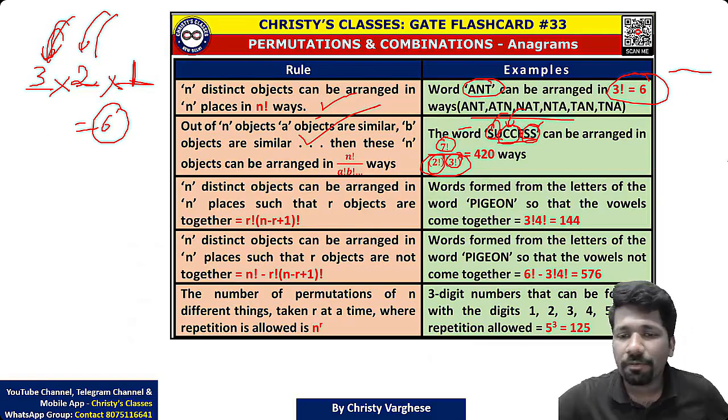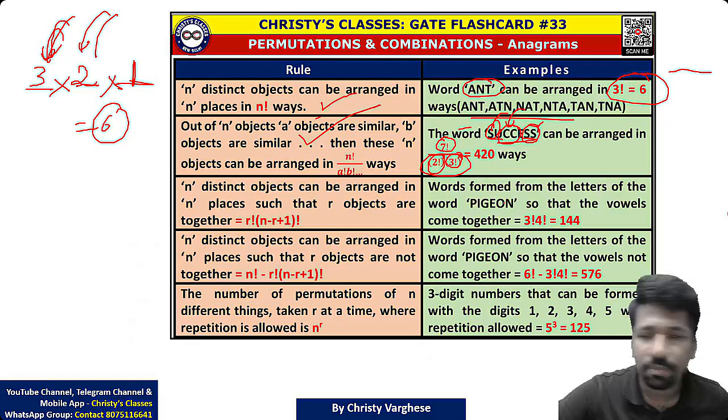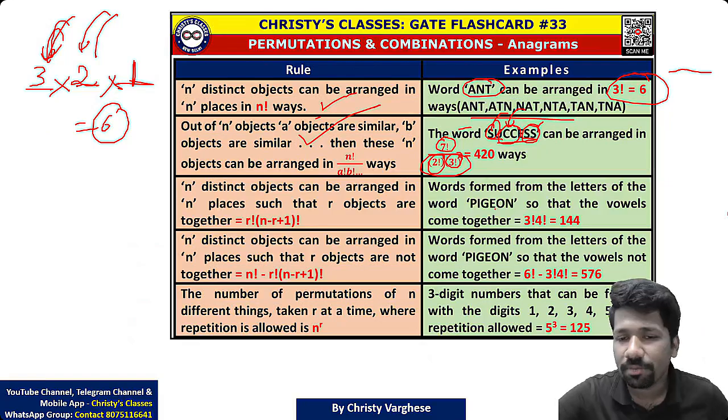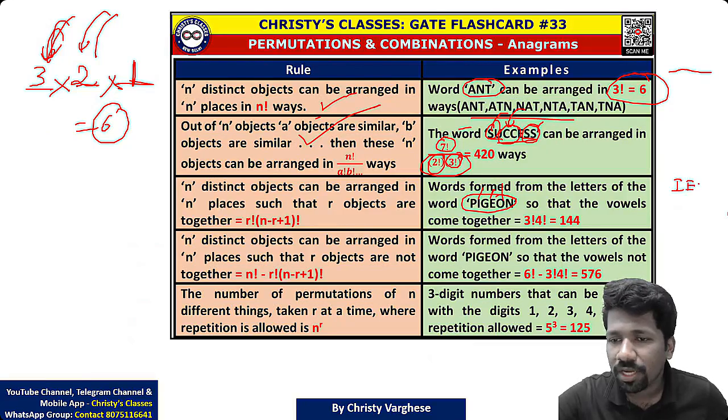Now, another type of question that was asked in CSIR is vowels coming together or not coming together, or any particular letters coming together or not coming together. Take PIGEON. The vowels are I, E, O. They coming together means IEO should be considered as a single letter.